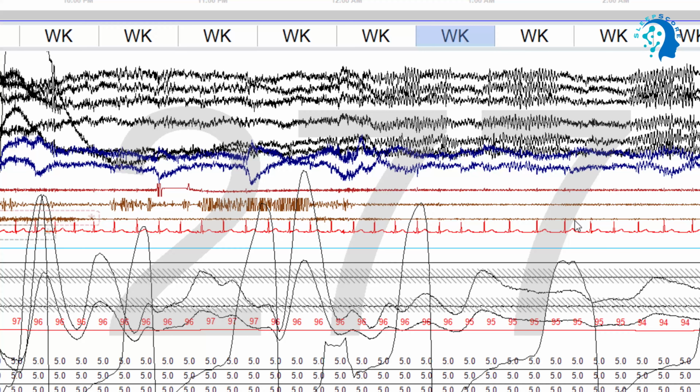First of all, we need to understand what 5K and 2K are. The electrode we place on the head, and then we measure the impedance.